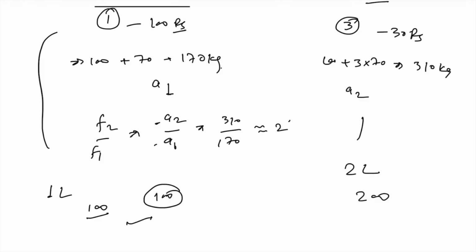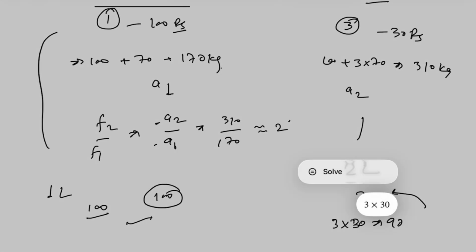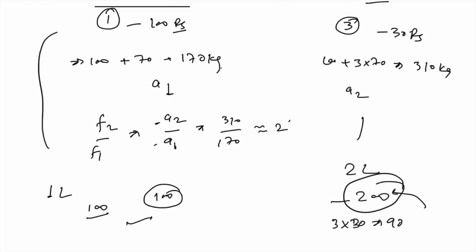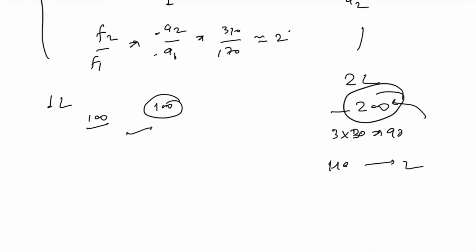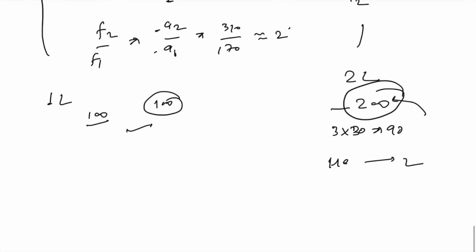Here he's charging 30 rupees per person, which is 3 into 30, which is 90, and is getting a cost of 200, right? So you can say it is a total loss in scenario number 2. So this suggests that if you're carrying more people, you have to charge more. If you're carrying a single person or fewer people, then you should charge less than what you charge normally.